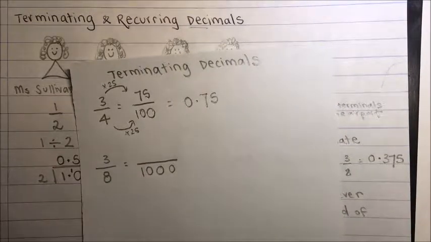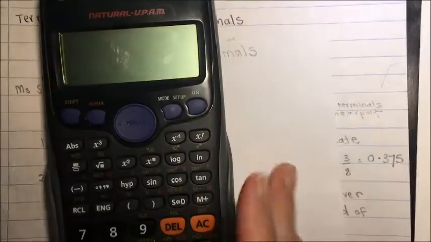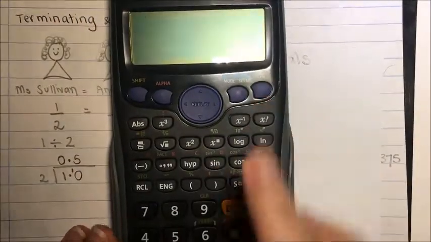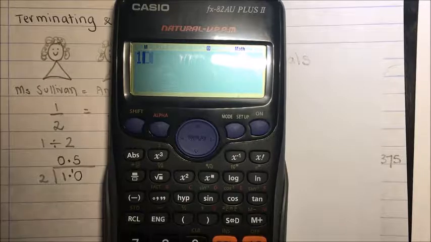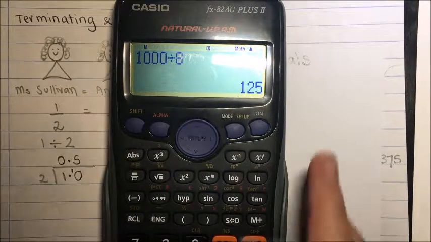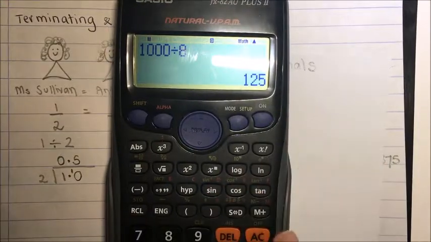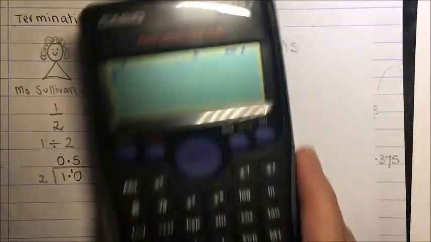But I'll just cheat for a second and we'll pretend that this wasn't something that everybody worked out earlier. We'll have a look here and say 1,000 divided by 8 is 125.